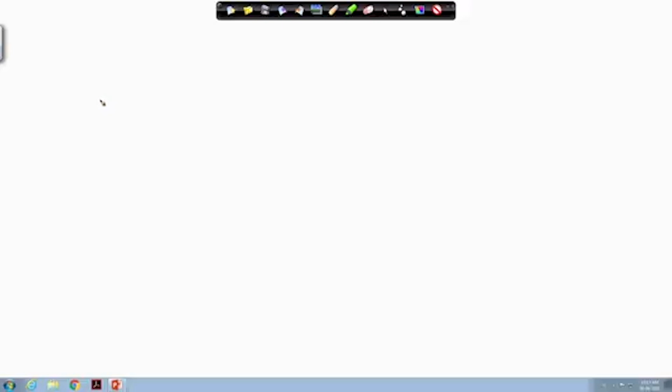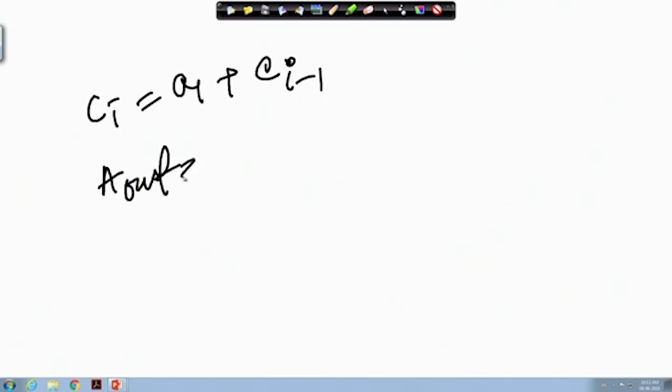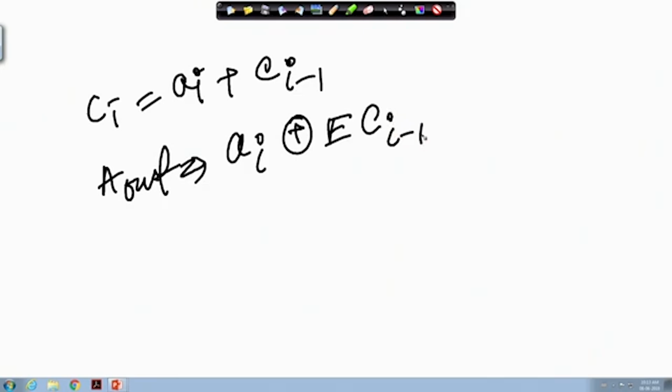C_i is A_i OR C_(i-1), and A_out is A_i XOR E·C_(i-1).